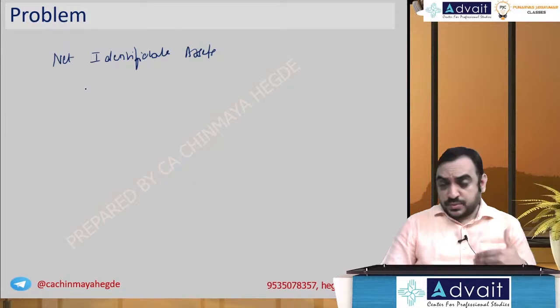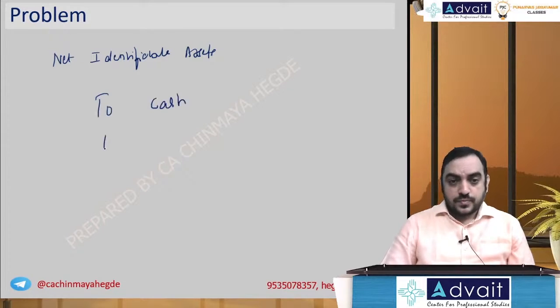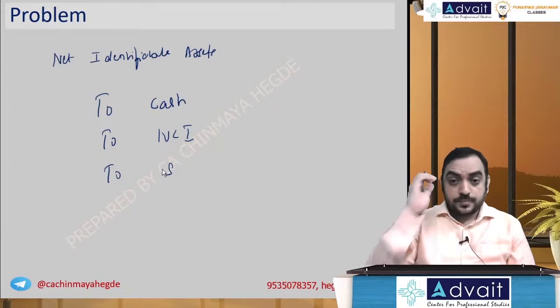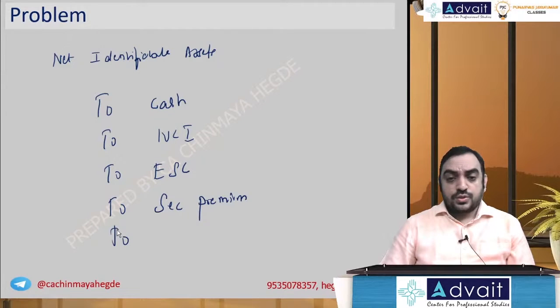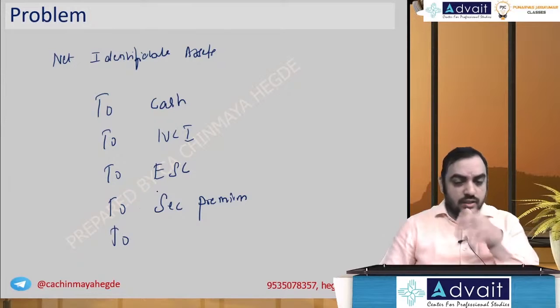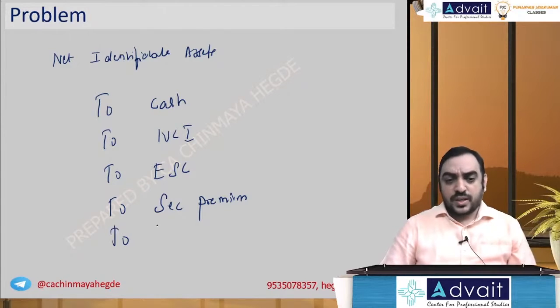If goodwill comes, goodwill will be debit. To cash, to NCI, to shares issued. We say to share capital, to equity share capital, but issued at premium, to security premium, and contingent consideration is also there. So we tell to consideration payable, contingent consideration payable.